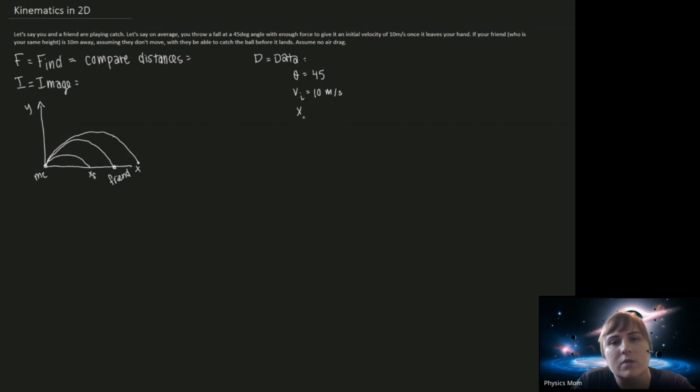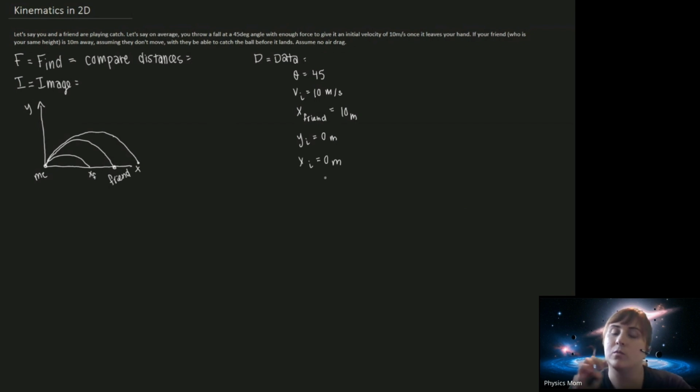I'm going to literally just write out X friend as equal to 10 meters away, so as to not confuse it with X final. And I'm going to set my X initial and my Y initial as 0, because I said I'm at the starting origin. So Y initial is equal to 0 meters, X initial is equal to 0 meters.